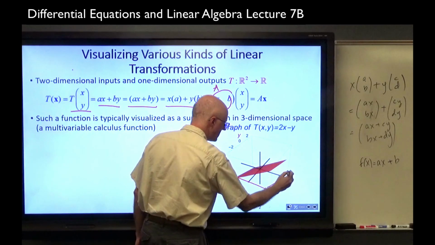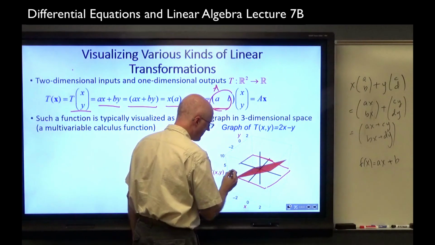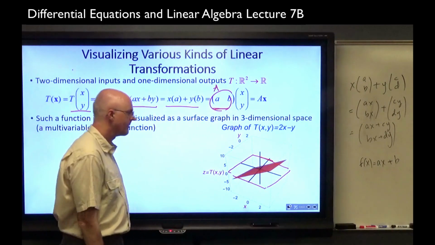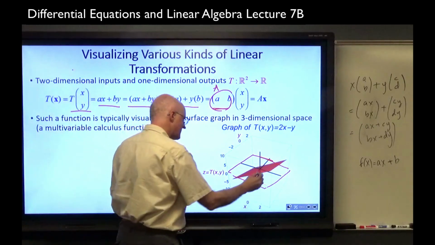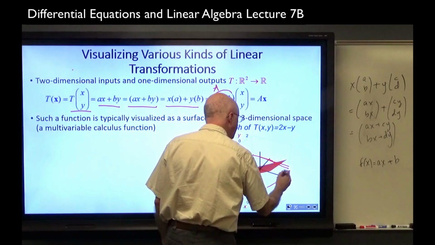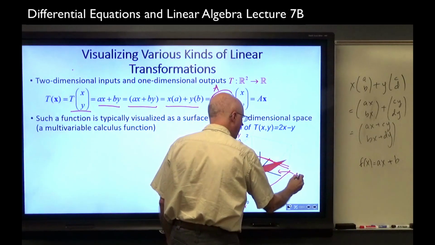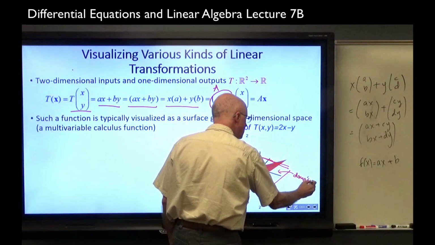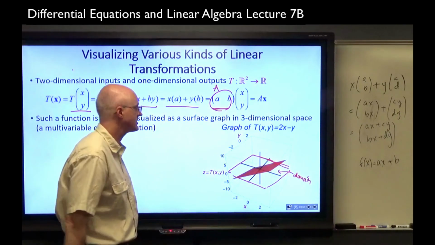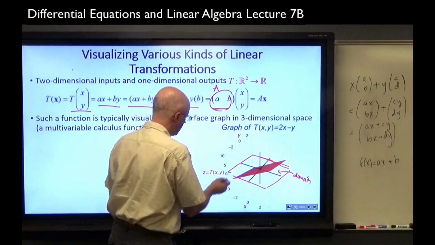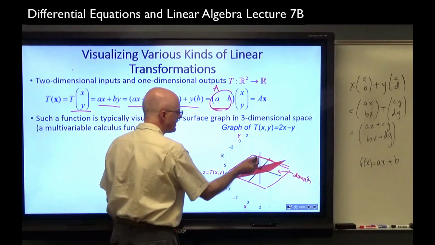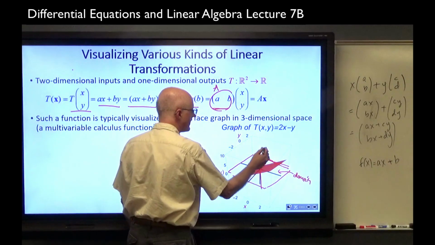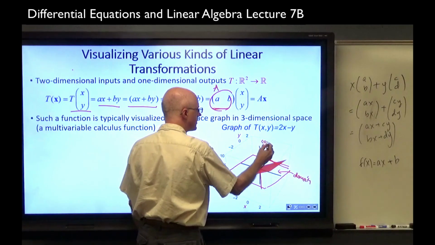The XY plane, drawn out with some perspective here, not the best drawing, is your domain, that's R2, embedded in three-dimensional space, and the vertical axis, which I call z here, is your codomain. There's your codomain, a one-dimensional codomain.